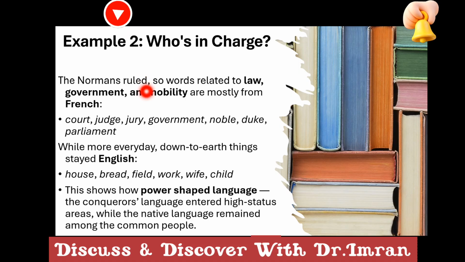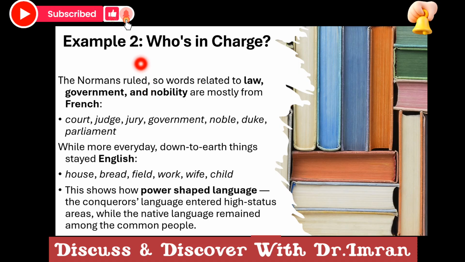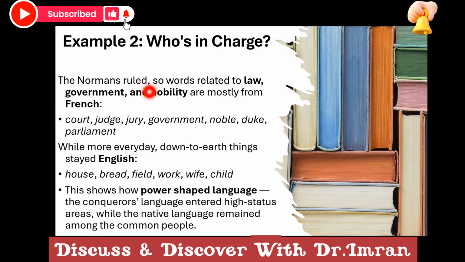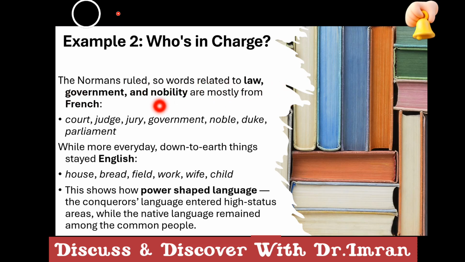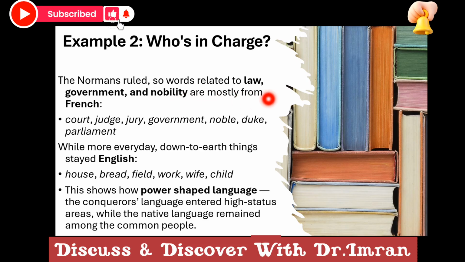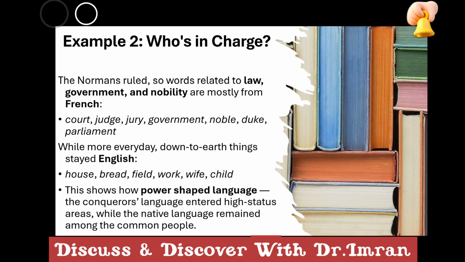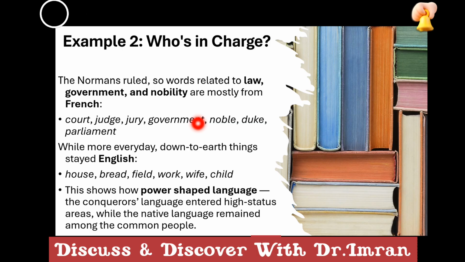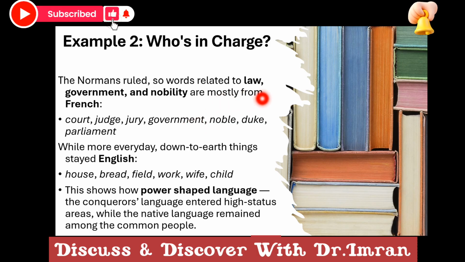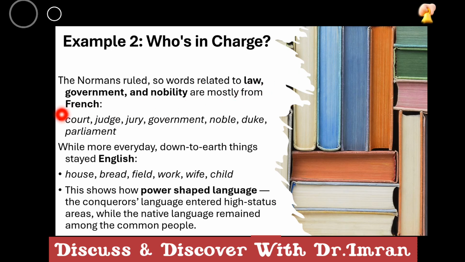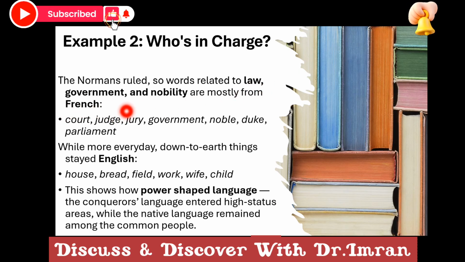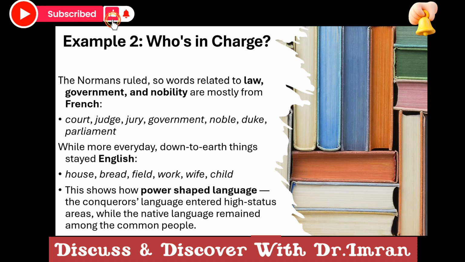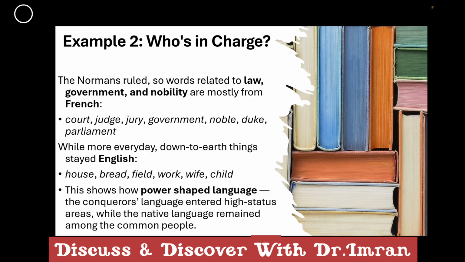Now example number 2: who is in charge. Since the Normans ruled, words related to law, government, and nobility are mostly from French because they were the ruling class. They were ruling England. So the words used in lawmaking, government, officialdom, and nobility are mostly from French because they were the aristocratic, ruling class.